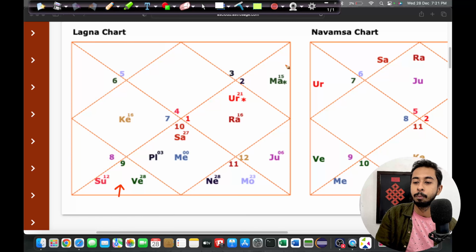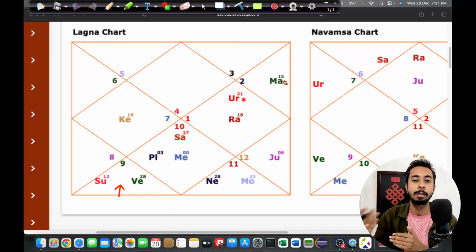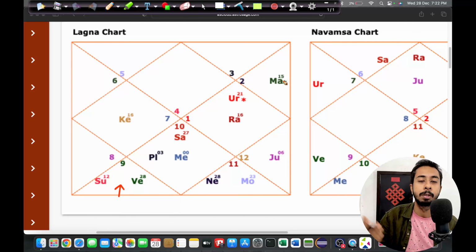So Mars is present in Taurus in house number 11. If Mars is in a very good position, it will bring you success. We have some concepts such as dasha, antardasha, pratyantardasha, so we'll see that afterwards.